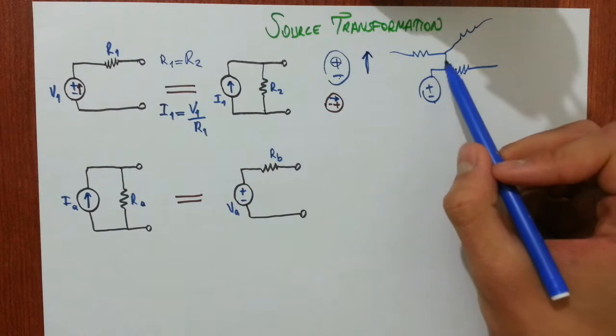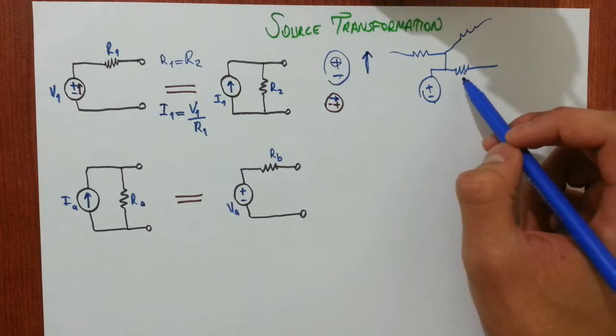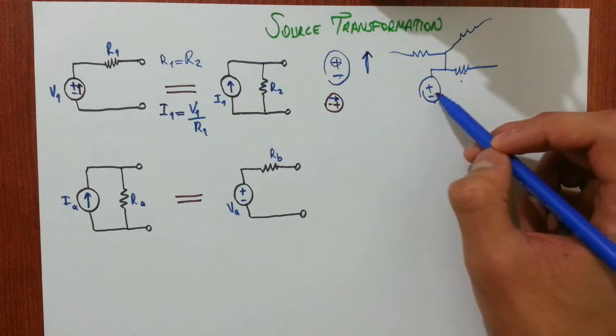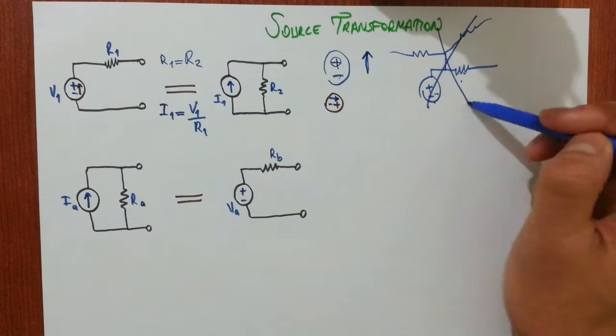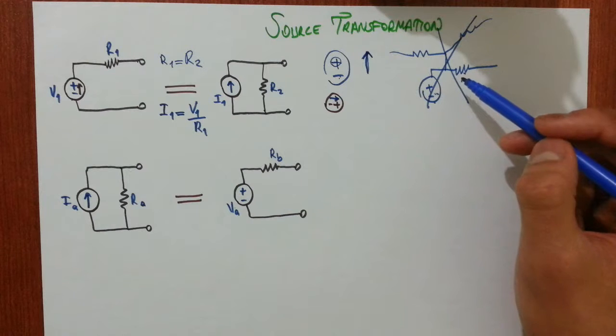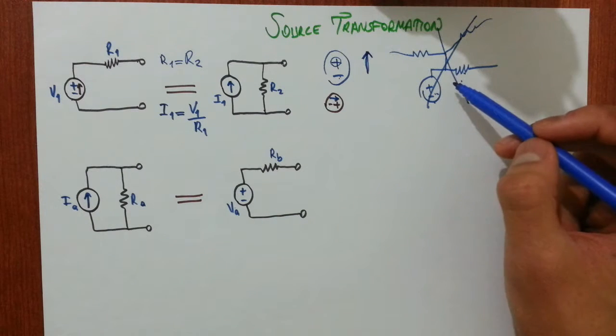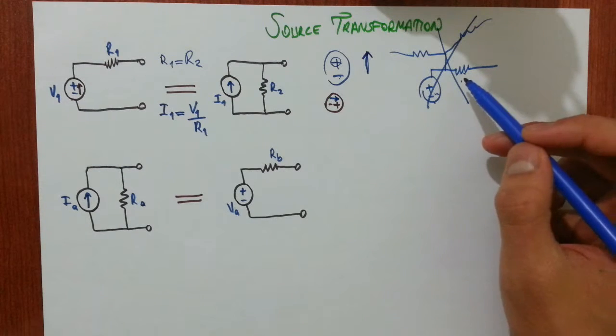If this is the case, and you cannot reduce them into one single resistor that is in series with the voltage source, you cannot make this transformation. Not valid. Alright? Please be cautious with this structure. Okay?